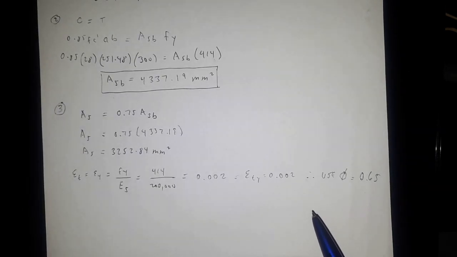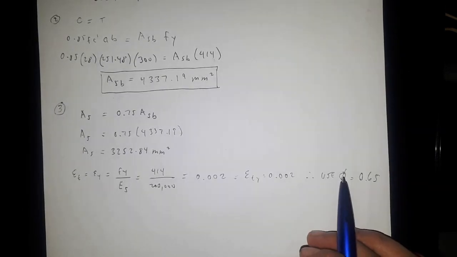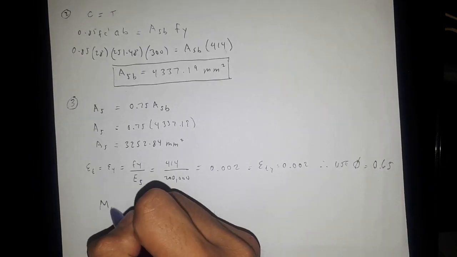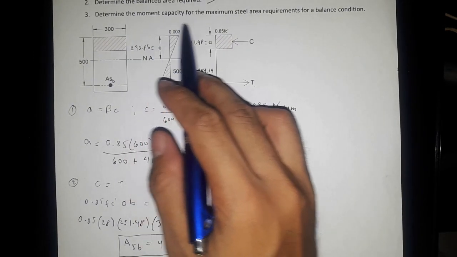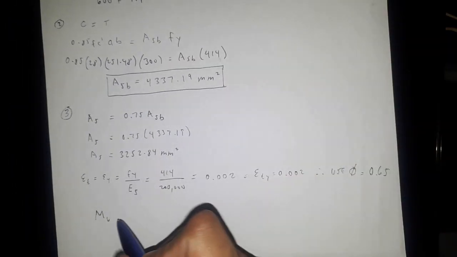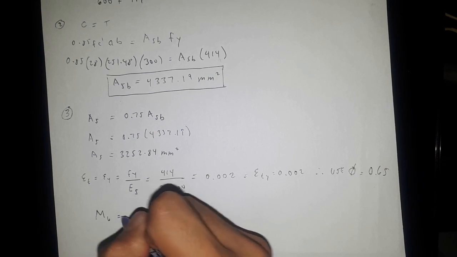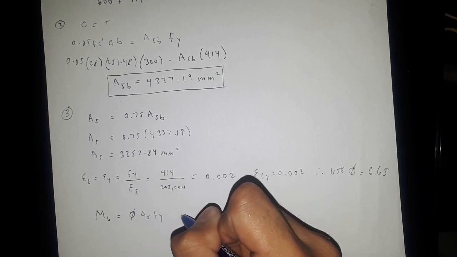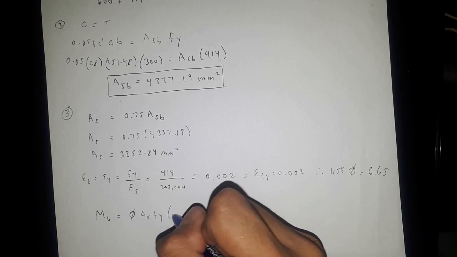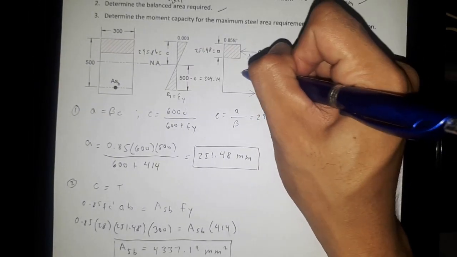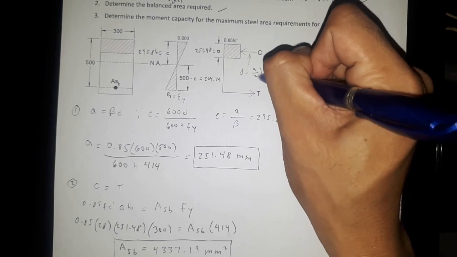So, now we solve for Mu, or the ultimate moment. The moment capacity is our ultimate moment, because we are using USD. So we have phi As Fy times d minus a over 2, which is the moment arm.